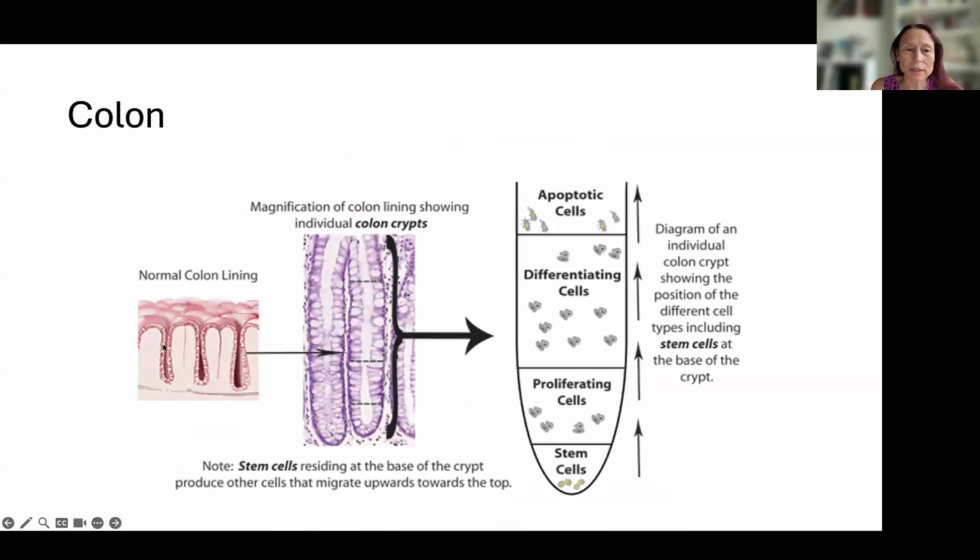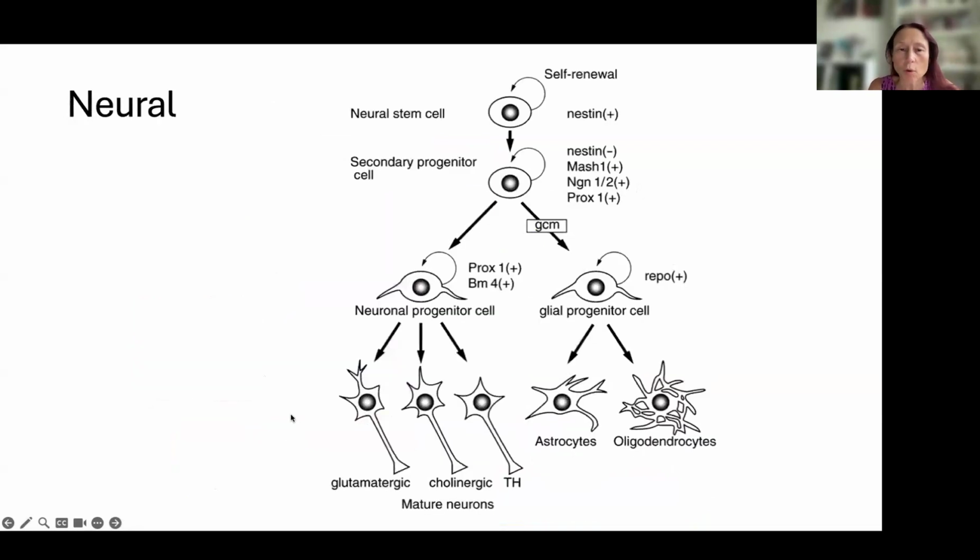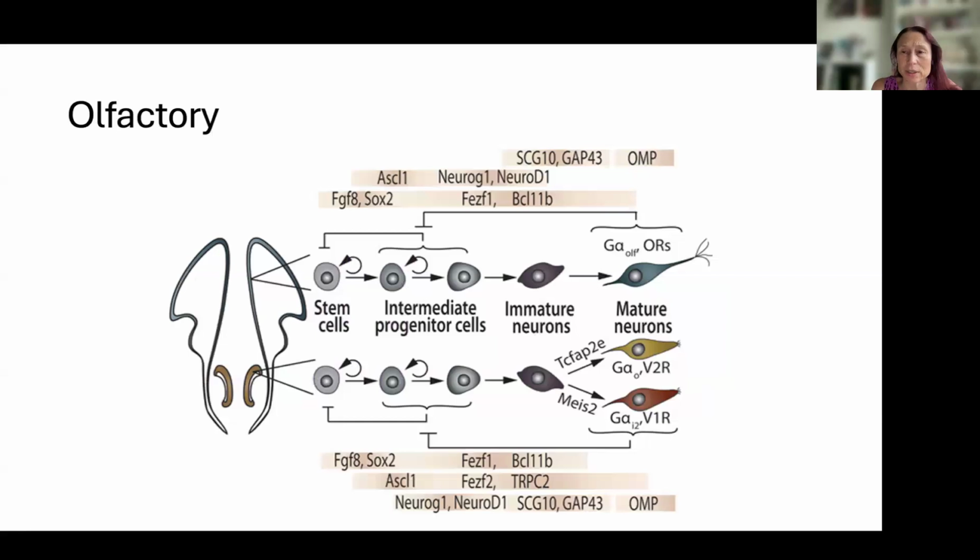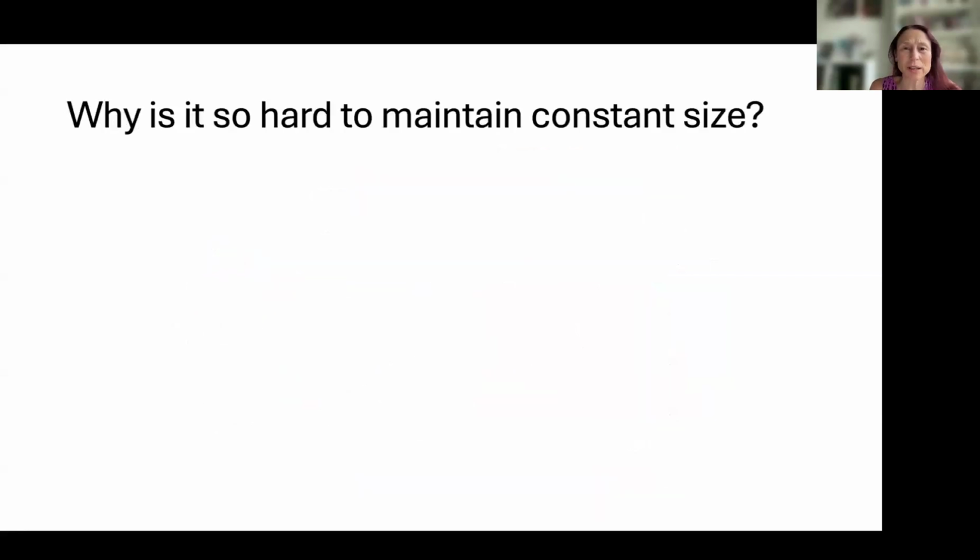So these are colonic crypts like this, and a stem cell sits here at the bottom of each. 10 to the 7 of these folds of colonic tissue are in a human, and there are 10 to the 4 cells in one of those. So it's very, very small. Neural, olfactory has to do with the sense of smell and so on.